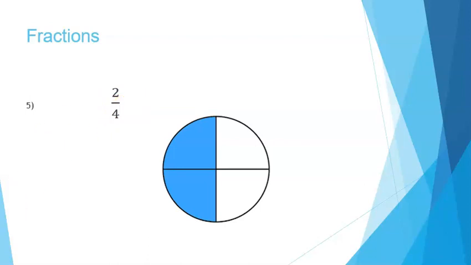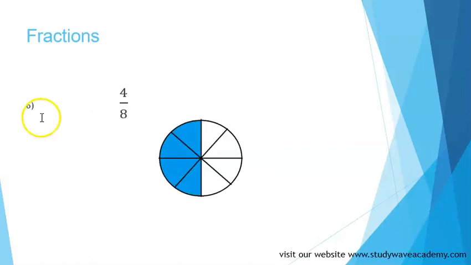So the numerator represents the shaded part and the denominator represents the whole circle that is divided into different parts. Let's take another look at another example. We have 4 over 8. We are going to be counting how many parts our circle is divided into. We have 1, 2, 3, 4, 5, 6, 7, 8. 8 parts.